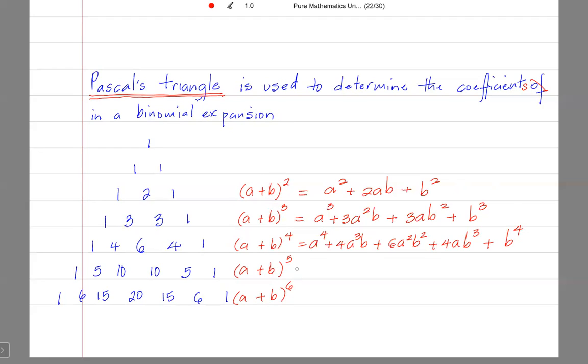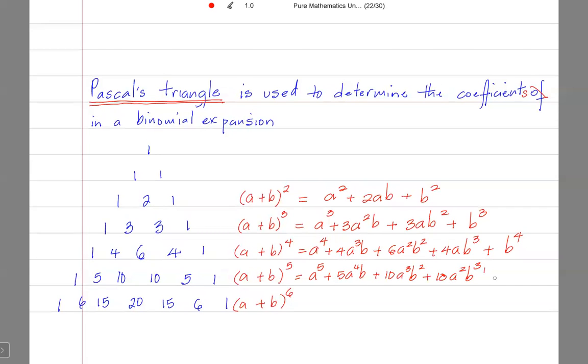All right, and this is essentially the work. At this level, it's going to be a to the 5th power plus 5 a to the 4th b plus 10 a to the 3rd b squared plus 10 a squared b cubed plus 5 a b to the 4th, and then lastly b to the 5th power.